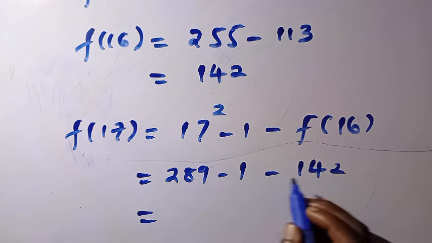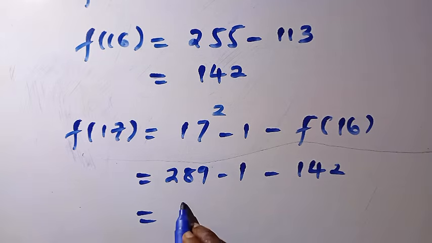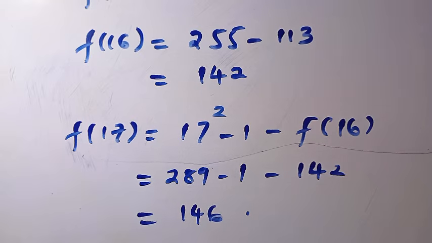So this gives us 146. Makes sense. But we cannot just continue like this, looking for all the values from 16 to 17 to 18 down to 45. That will take a lot of our time, so let's try to do it this way.